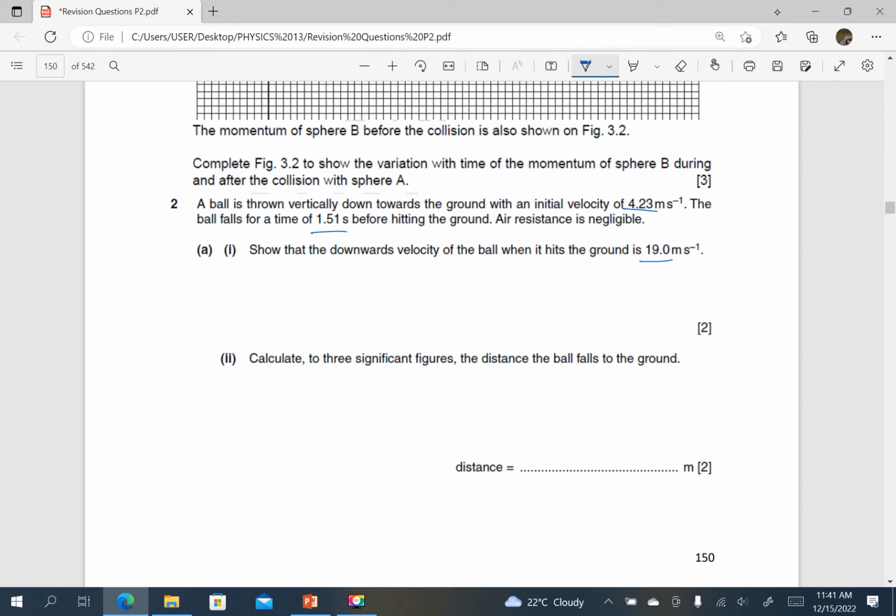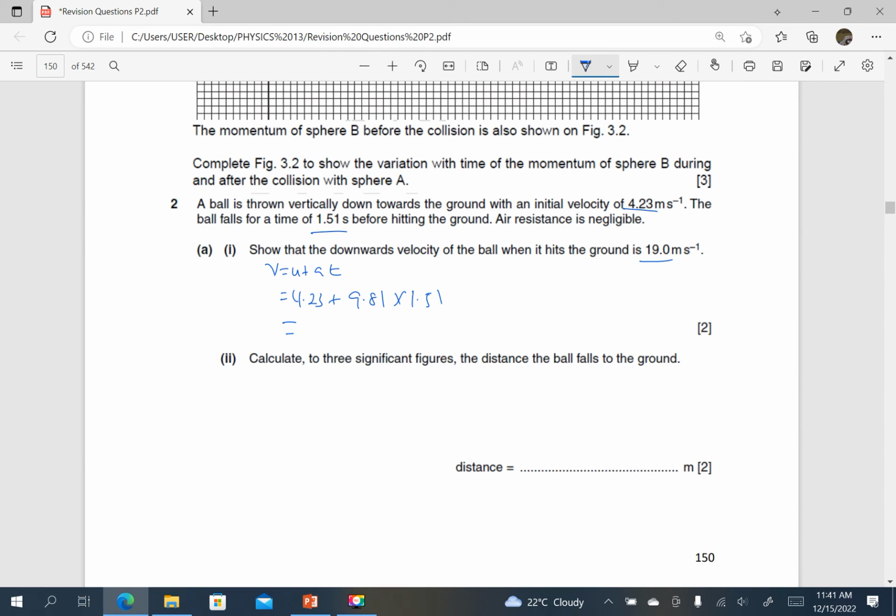So using the equations of motion, it is thrown vertically downwards. So v is equal to u plus at. It starts with a certain velocity, which is 4.23. Since it is falling downwards, g is positive, so plus 9.81, and it takes a time of 1.51 seconds.